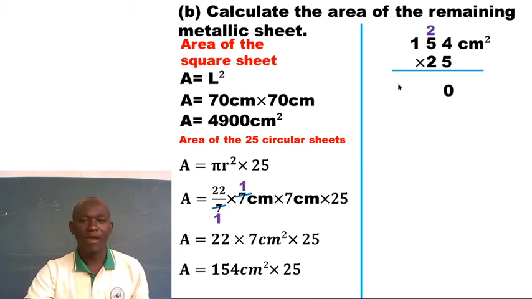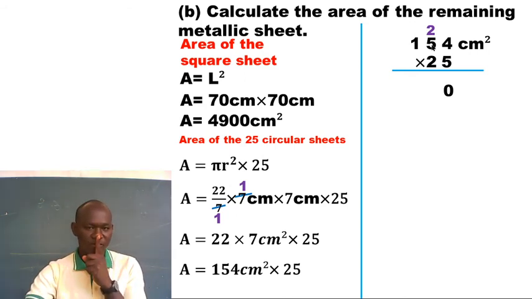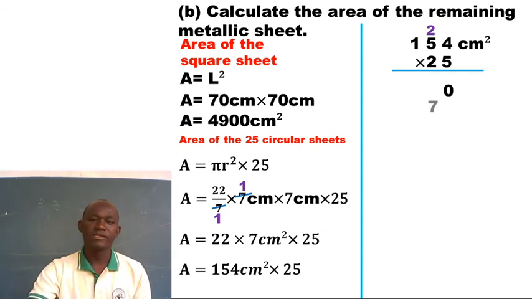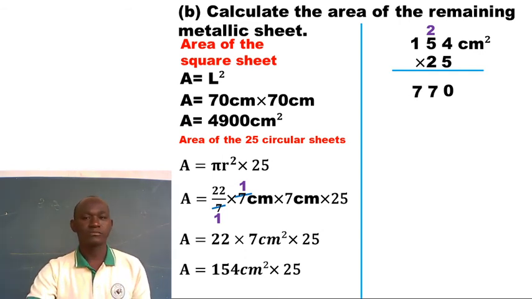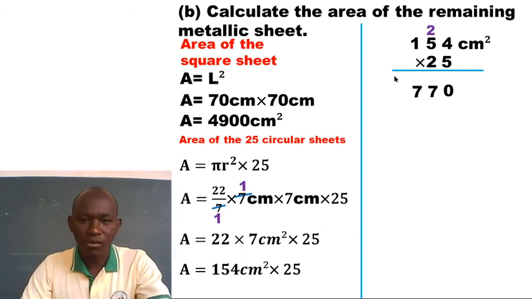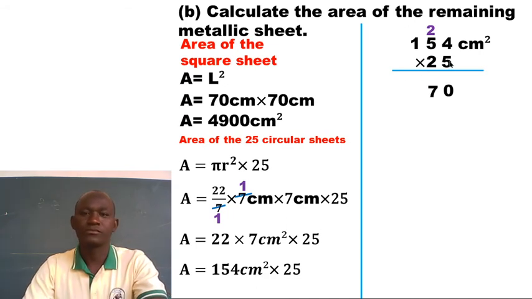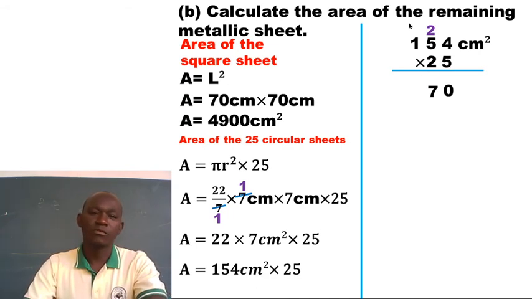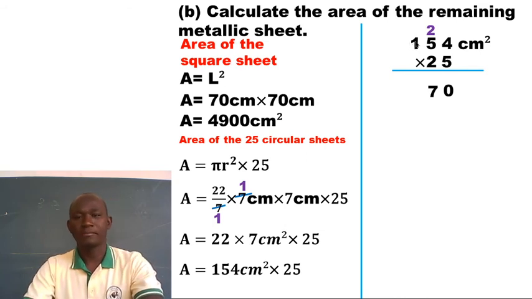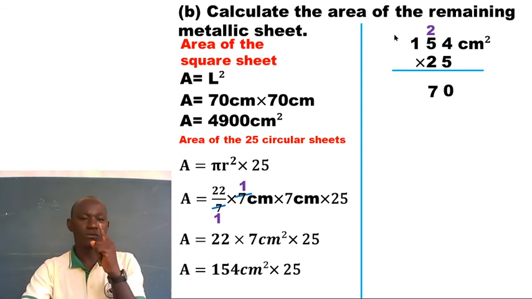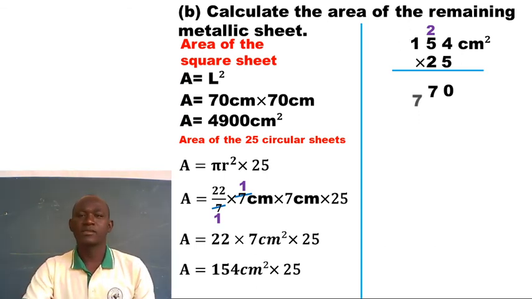Now 5 times 5 is 25, plus 2 to give us 27. So we write 7 and regroup 2. The 2 that we have regrouped is not appearing here, but I'm supposed to have 5 times 1. 5 times 1 is 5, plus the 2 which was regrouped, to give us 7.